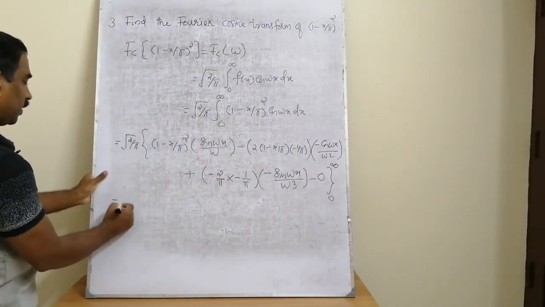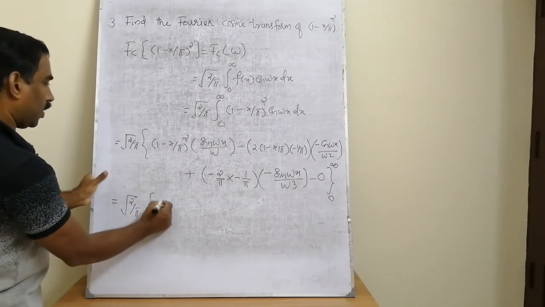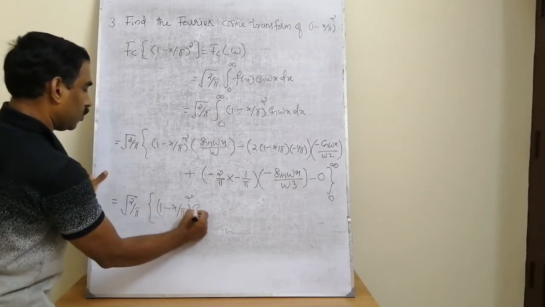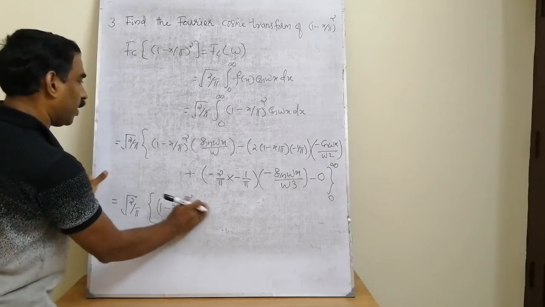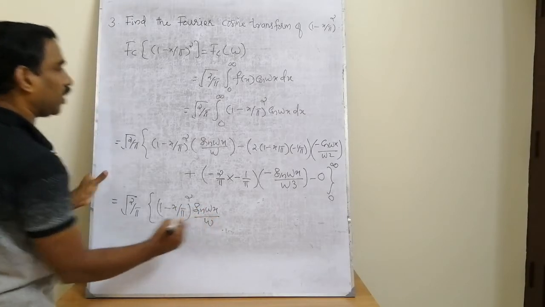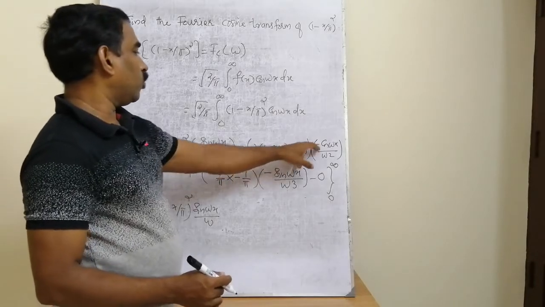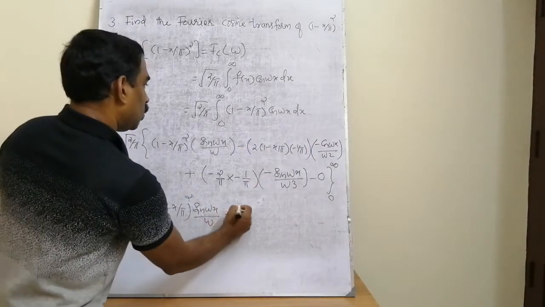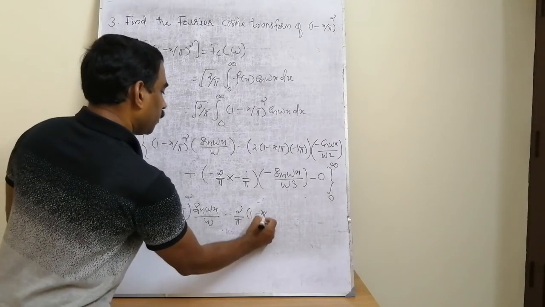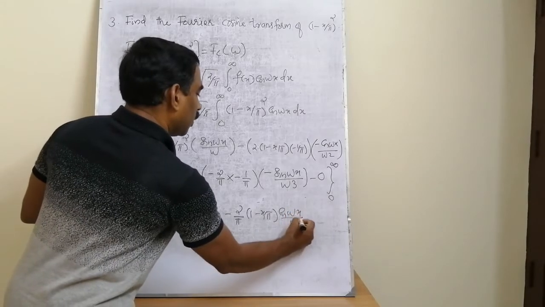So evaluating from 0 to infinity. Now simplifying this expression, we have square root of 2 by pi (1 minus x by pi) the whole square into sin omega x by omega. Then correcting sign, minus into minus into minus, that is minus 2 by pi (1 minus x by pi) cos omega x by omega square.